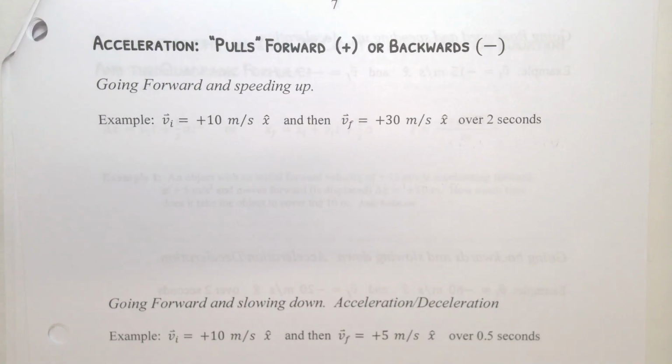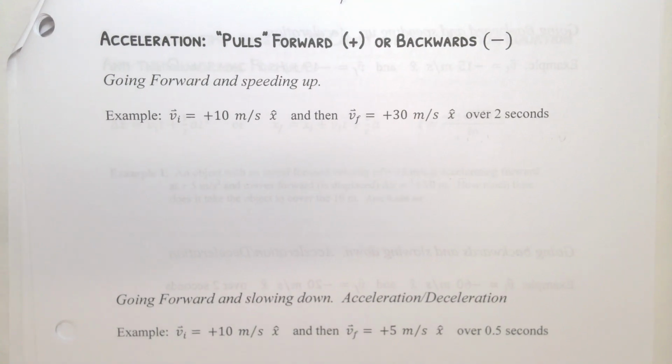So here is an example where we are going forward and speeding up, okay? The initial velocity was positive 10 meters per second x hat, and then the final velocity is 30 meters per second x hat over 2 seconds, okay?